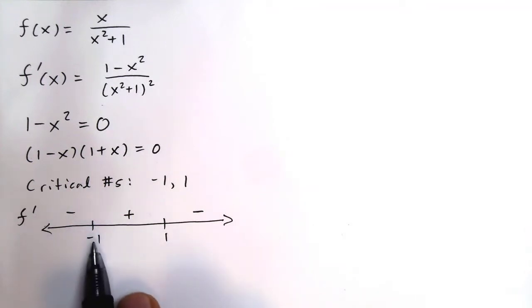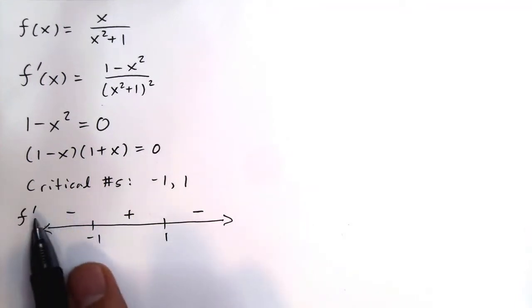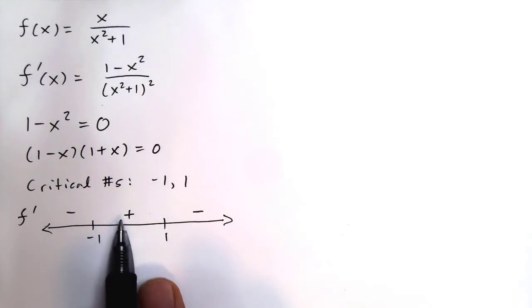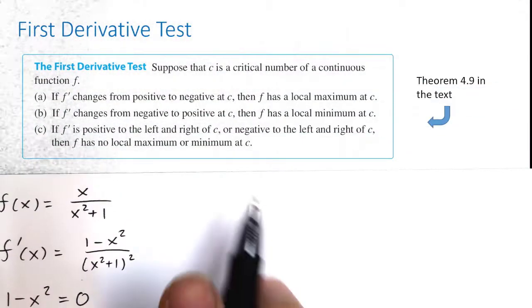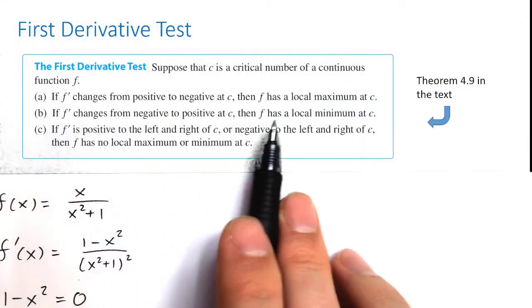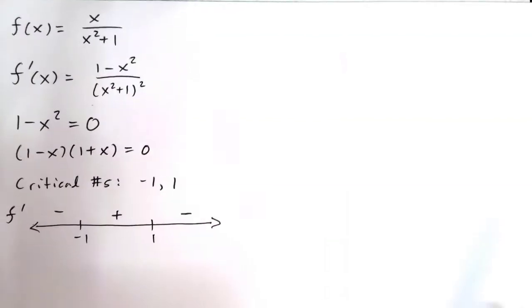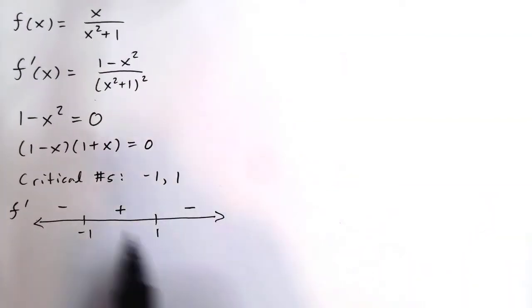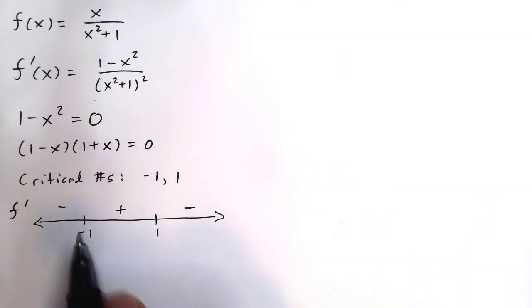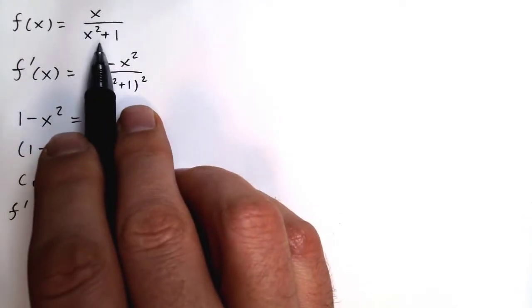Okay, so at this critical number, f prime changed from negative to positive. What does that mean? Well, if it changes from negative to positive, it has a local minimum. And so we have a local minimum at x equals -1. Now, what is the value of that local minimum? Well, I'll get that by plugging this number into the original function.